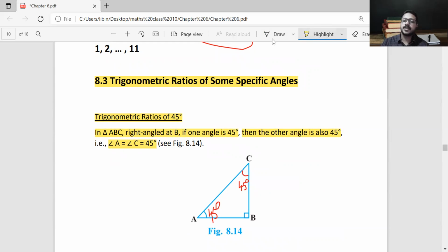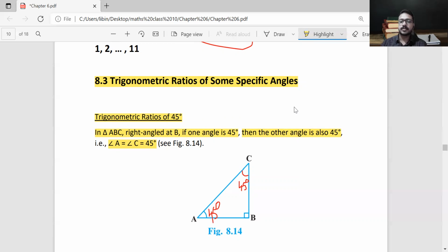Now we are going to say one thing. Since these two angles are 45 degree, we can say that the corresponding opposite sides are also equal. You have learned that, which means this right angle triangle is an isosceles triangle. Okay, that's the peculiarity.